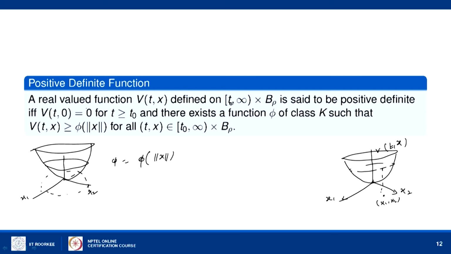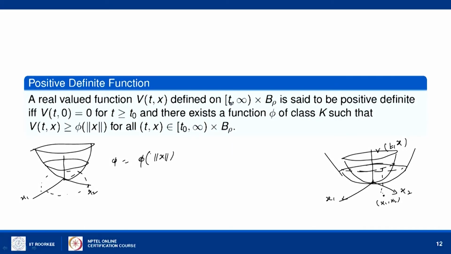So, if v is a positive definite function, then we will be able to find a function of class k like this, which will be lying below that one. Always for any x1 x2, v of t comma x1 x2 will be greater than or equal to this phi of norm of x at the same point. So, we will be able to find a surface of class K in this particular way, then only it is called a positive definite function.